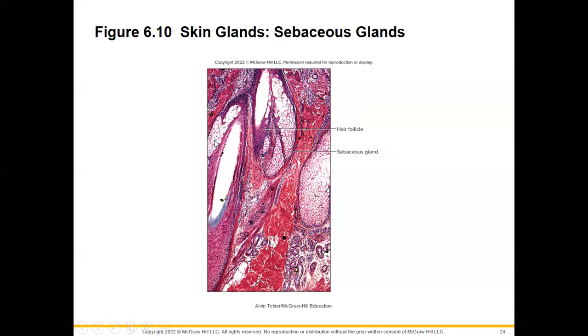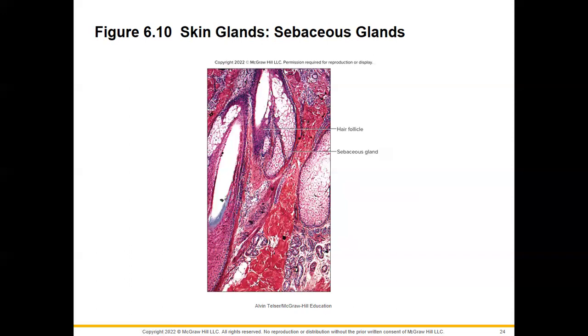This that is next to, or adjacent to, the hair follicle, those are the cells of the sebaceous glands. Remember, sebaceous glands sit near the hair follicle and oftentimes empty into it, so that they use the same pore to exit the body that the hair uses.